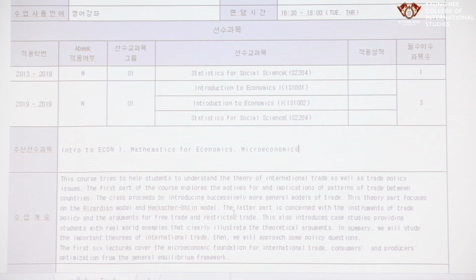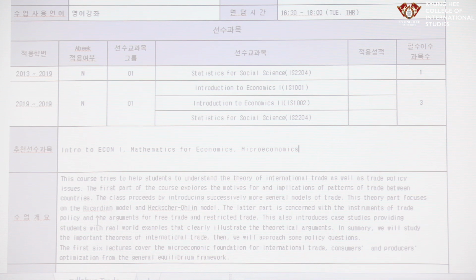And after the midterm exam, we study policy issues, right? These policy issues are based on instruments of trade policy. Instruments of trade policy means tariffs, for example, subsidies, import quotas, like this. Using these kinds of tools, trade policy is activated.